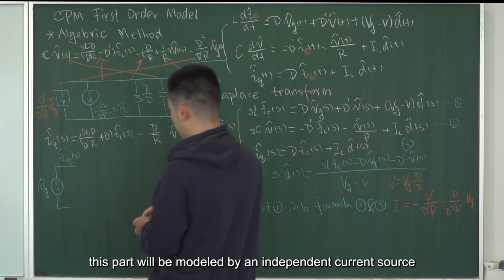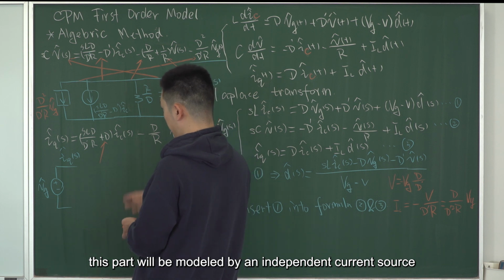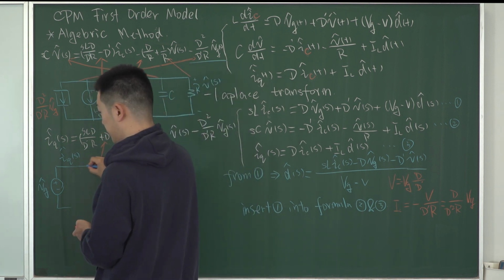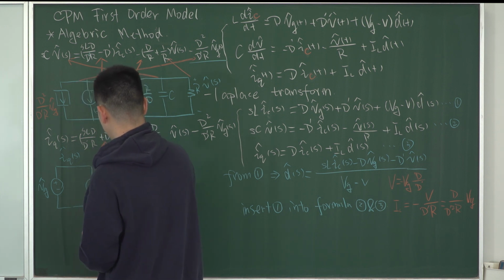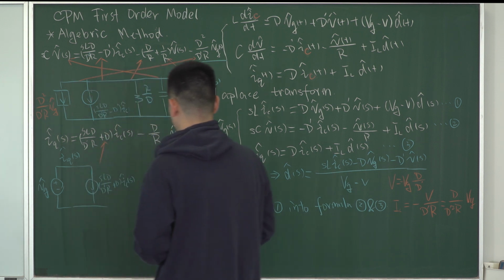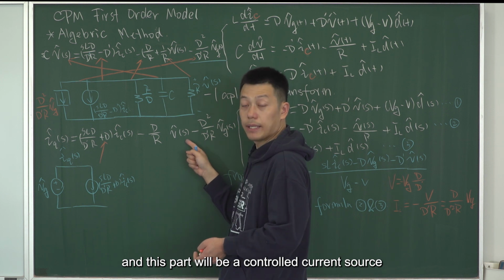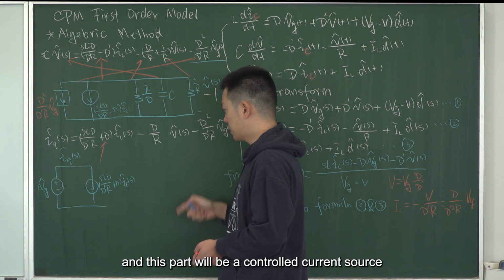This part will be modeled by an independent current source. So SL D over D prime R plus D times IC. Right? And this part will be a controlled current source, a controlled current source.